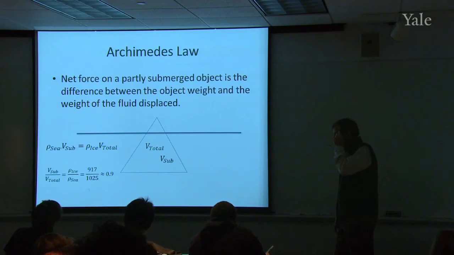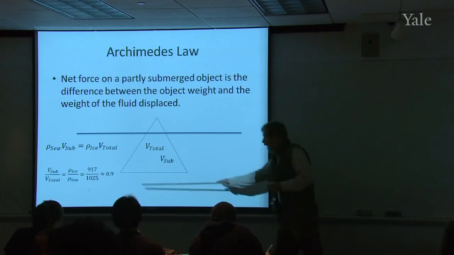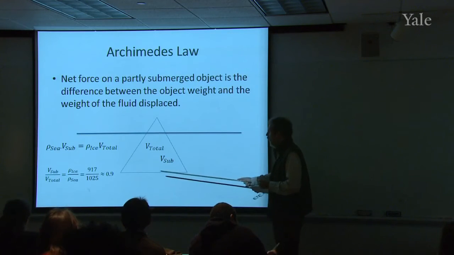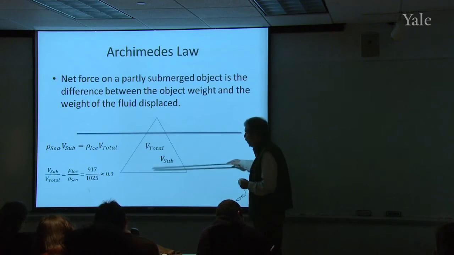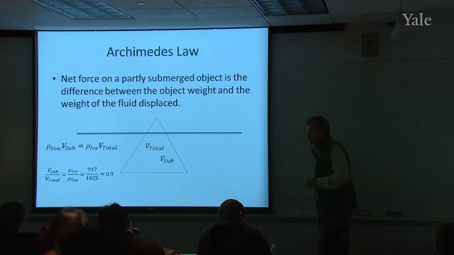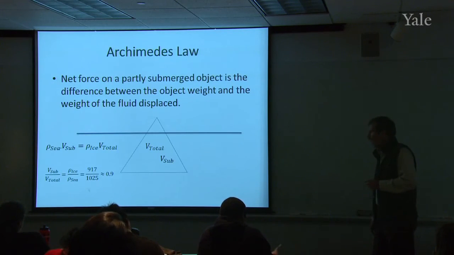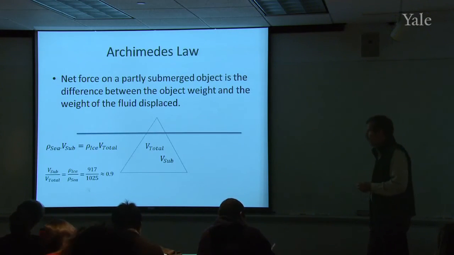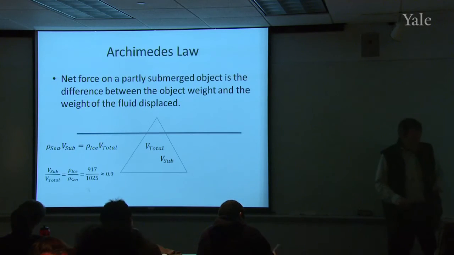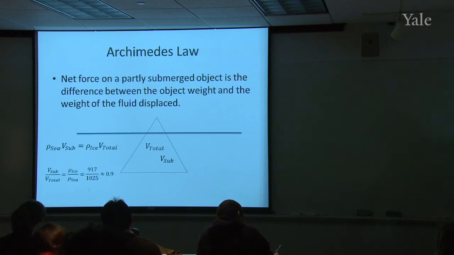Seawater with a salt is about 1,025. Divide that out, you get 0.9. So the point is the ratio of this part to the total is about 0.9 or 90%. So that is a solid derivation of why it is that most of the iceberg is below sea level there. Any questions on that?